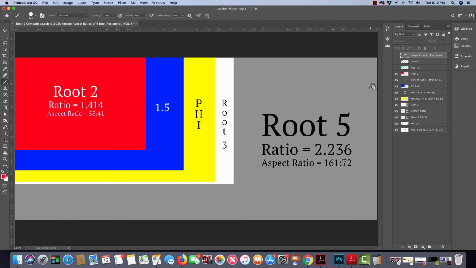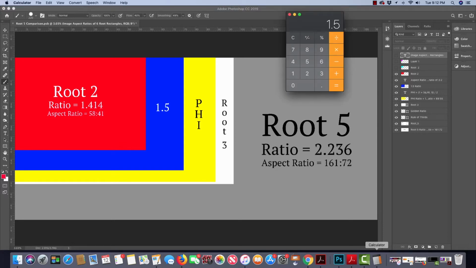Root 2 ratio. We're going to take 58 and divide it by 41, and we're going to find out that the image aspect ratio is equal to 1.414.